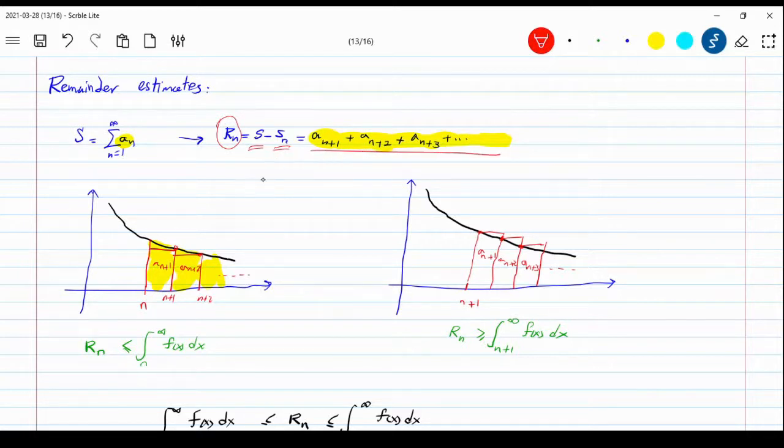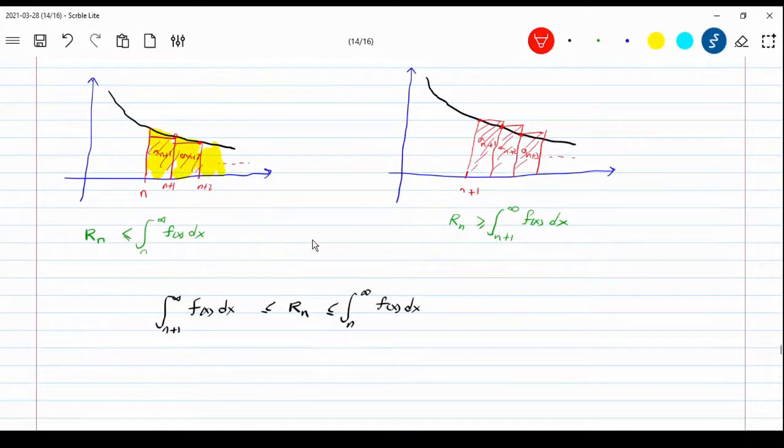This tail could be approximated by calculating the underestimate and the overestimate after a certain point. The remainder is basically between these two. So the tail is less than the integral of the overestimate and greater than the underestimate integral.